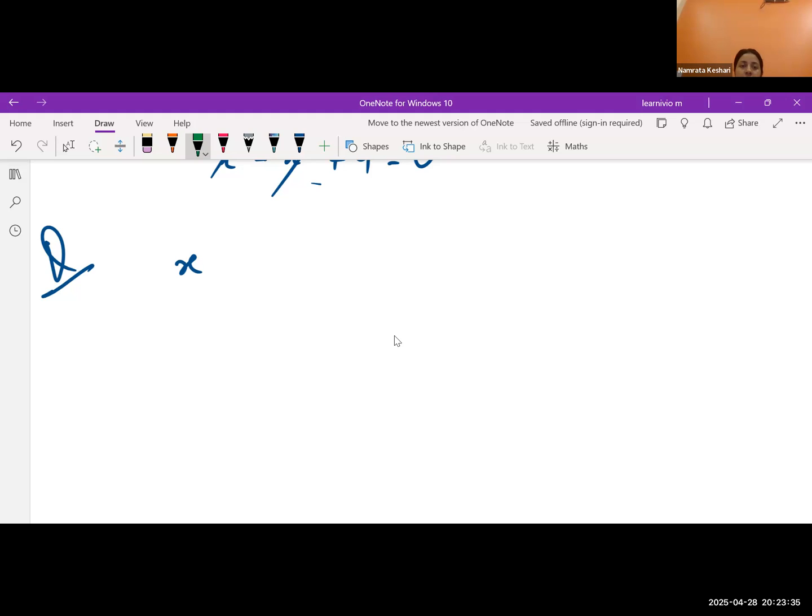Ma'am, the question is (1 plus m square) x square plus 2mc x plus (c square minus a square). Here we have to solve it for the x value.